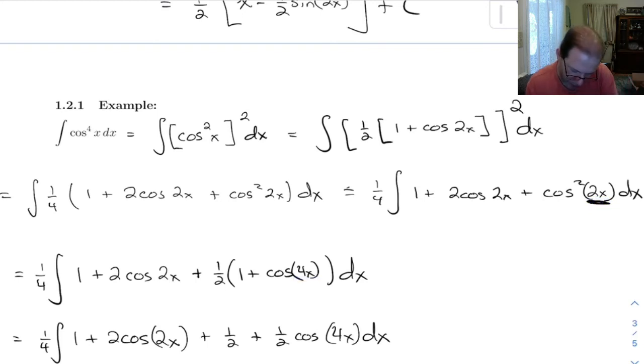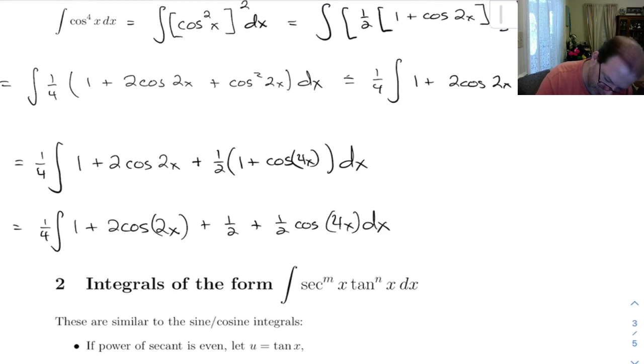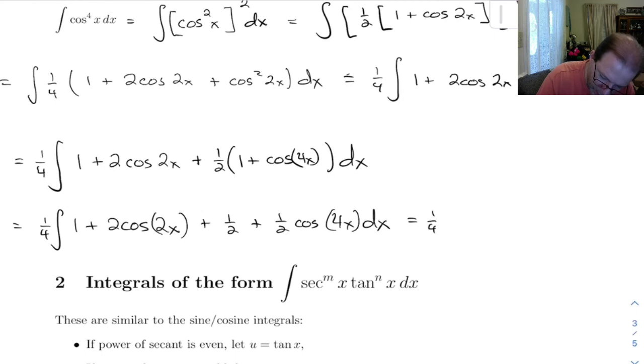All right, now we can integrate. When we integrate this, we get x. When you integrate cosine, you get positive sine. Then you have to divide by 2. We had the 2 there, and we're dividing by 2, so that just leaves us with a 1.